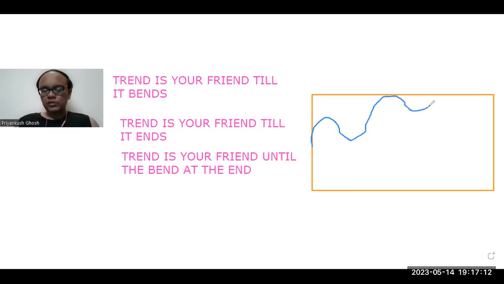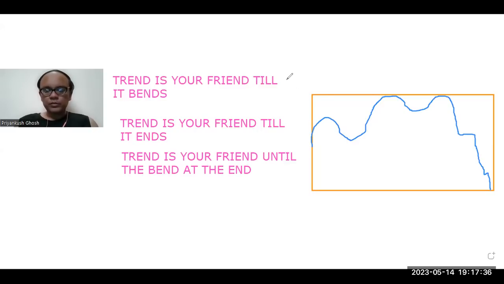So it is moving within this rectangle, so it is not going out of the rectangle.